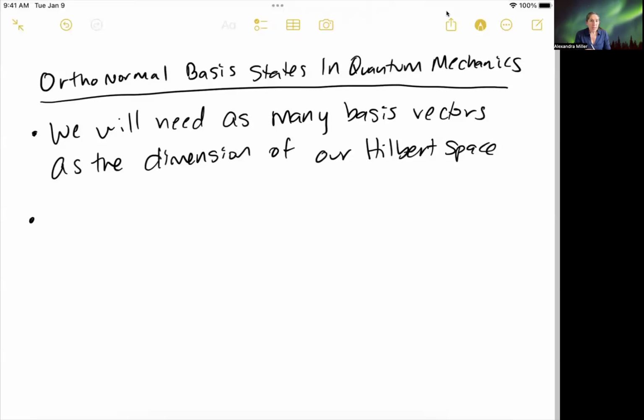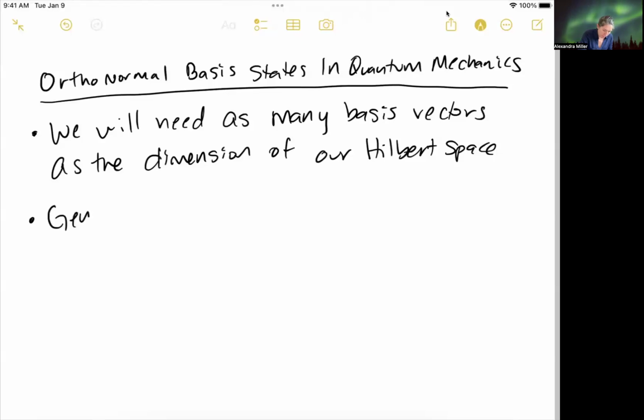Now, you can write down all sorts of bases that you like, but the ones that are going to be most convenient are basis vectors associated with definite measurement outcomes.